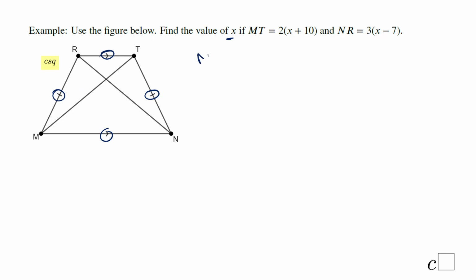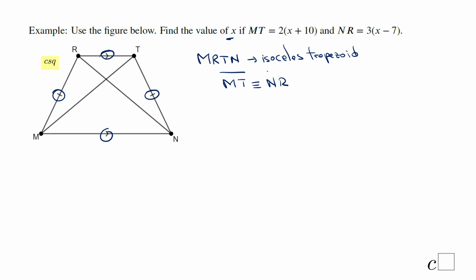MRTN is an isosceles trapezoid, which means that MT and NR are congruent.